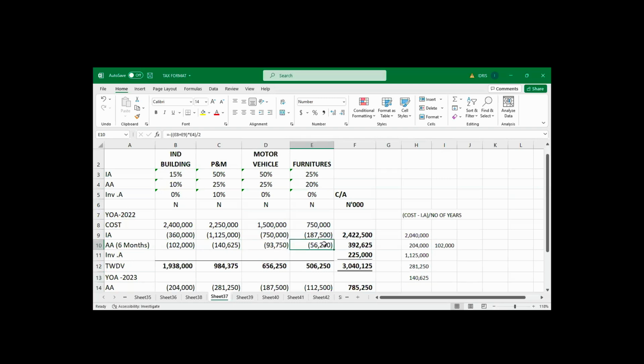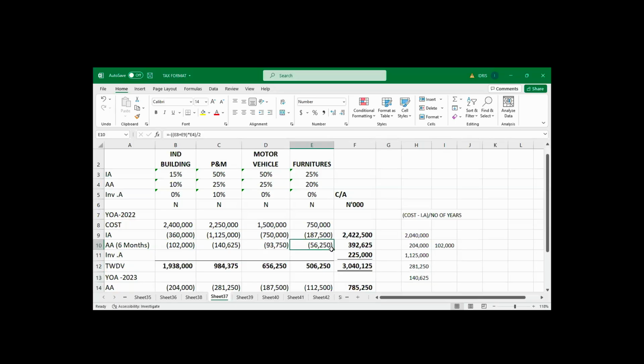The same thing applies to furniture and fittings. For furniture and fitting, somebody should explain to me, how do we get the annual allowance?